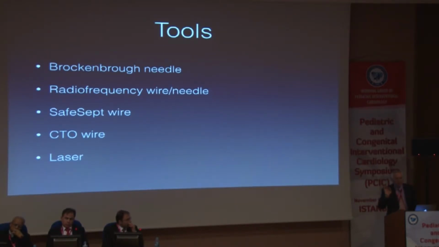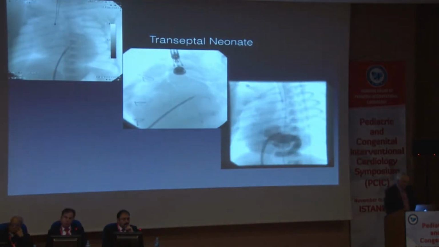And when you create a burn, the edges of the hole are dead. So you're not going to get spontaneous closure. If you perforate the heart with just a wire, then you still have live tissue around the hole, and that closes just like any other perforation does. So there are some benefits of using straight wires instead of using radiofrequency wires. You can use laser, but that is, in practice, not a very good one.